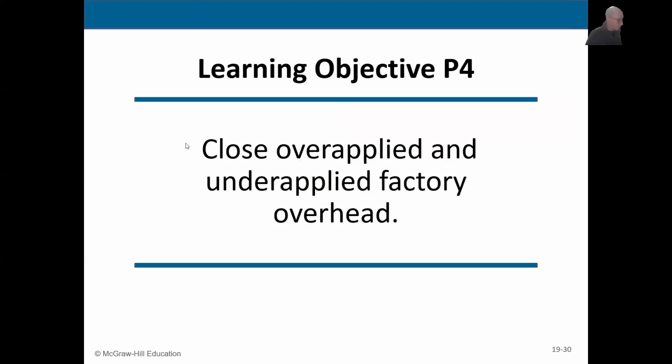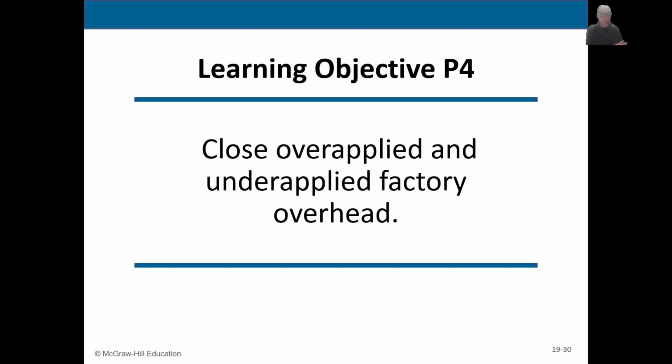So, as I had mentioned, we started with an estimate, 160% of direct labor. That was my estimate, right? I said, hey, overhead's going to be 160% direct labor. An estimate's kind of like a good guess.